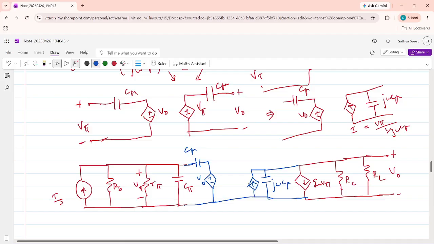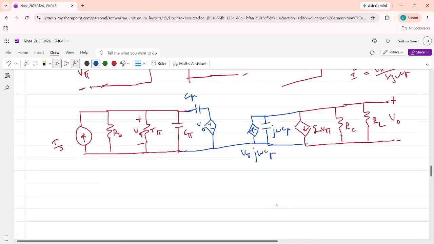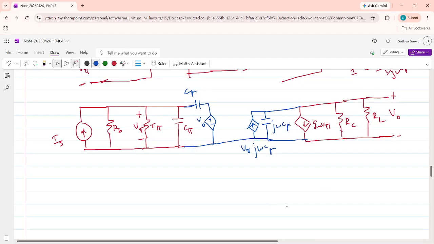The value of this current source is V pi j omega C mu. From this we can compare.